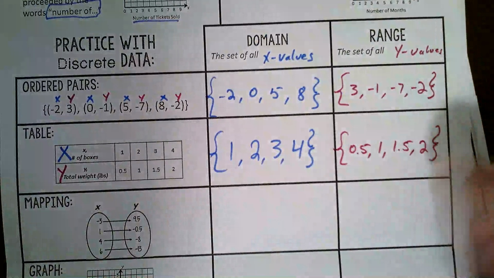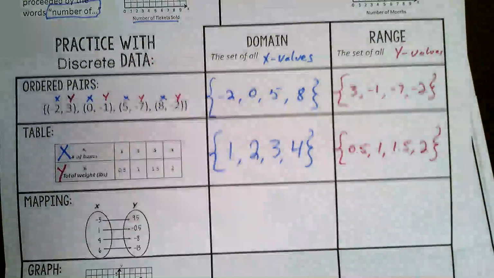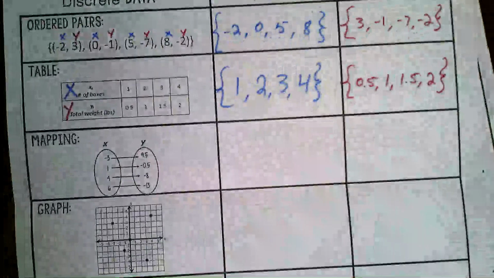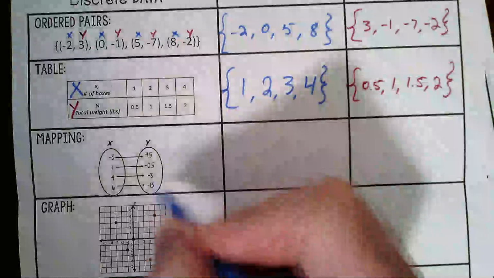Another thing I want you to notice is all of these are functions. Discrete data and continuous data is always going to be listed as functions. They are a subset of functions. Mapping is something that is kind of uncommon for us. We don't really tend to do it anymore like this. But mapping will have all of our x values right here, and then all of our y values right here.